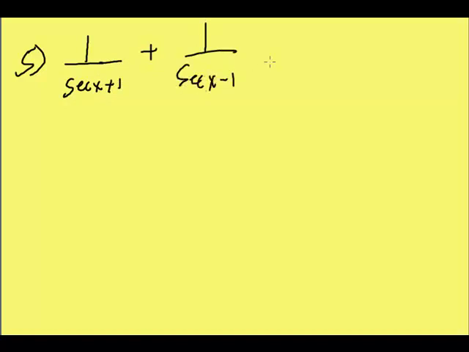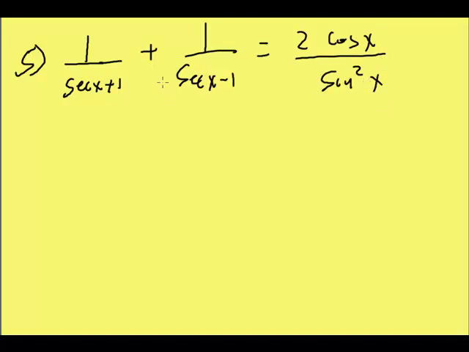Number 5. Alright, here's 5, but I'm going to go fast. 1 over secant of x plus 1 plus 1 over secant of x minus 1 is equal to 2 cosine of x over sine squared x. Here it is.